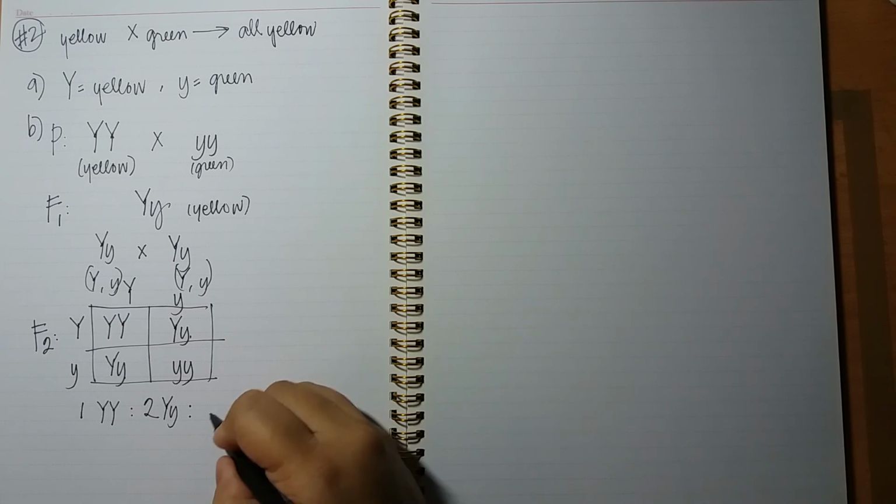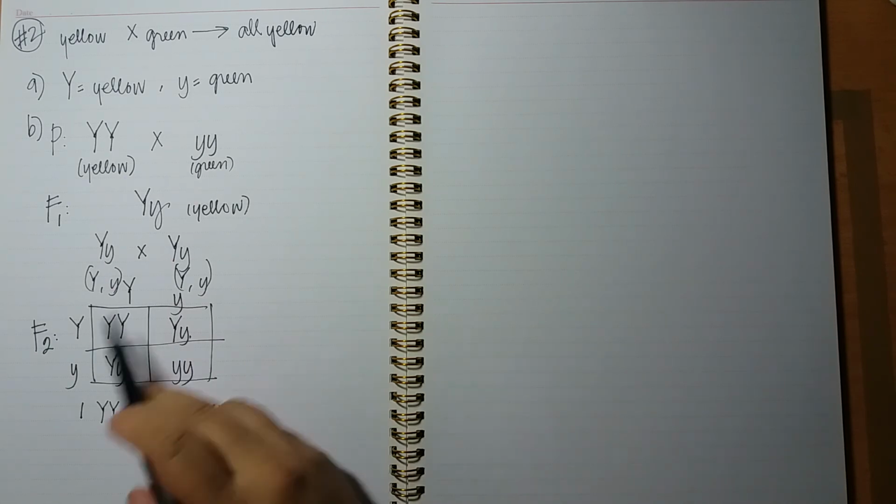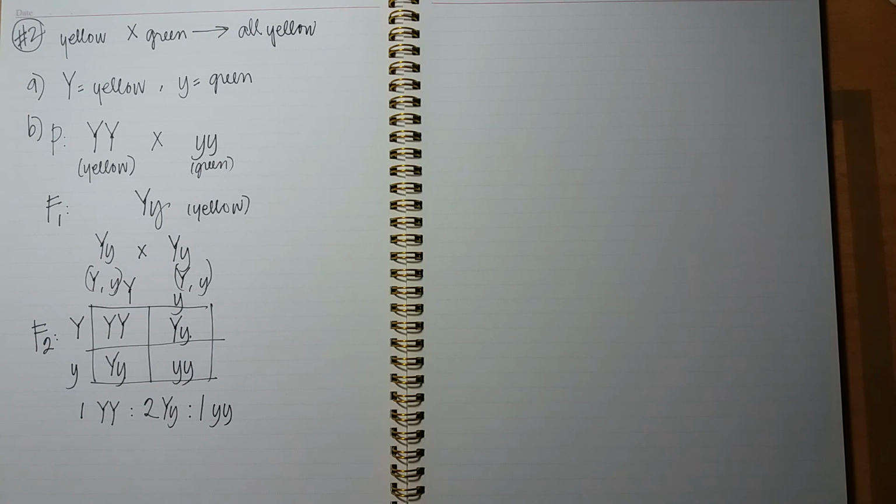And then we also have the genotype small y, which is also 1 out of 4 chances. So we have the genotypic ratio 1 homozygous dominant, big Y, is to 2 heterozygous, big Y, small y, is to 1 small y, homozygous recessive. Okay? Letter D. So this is C.